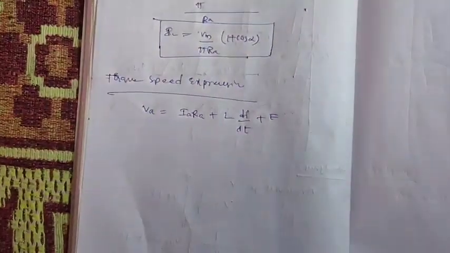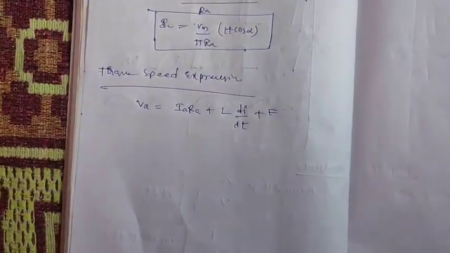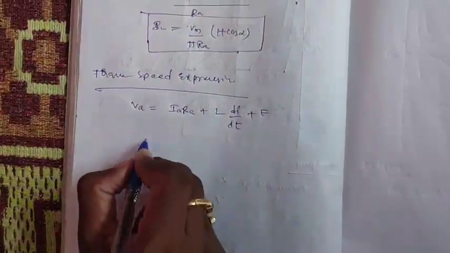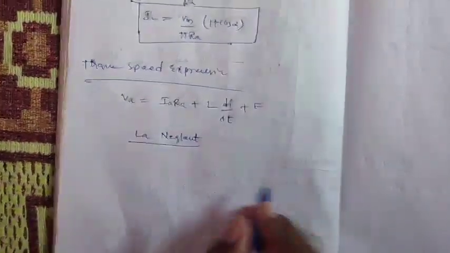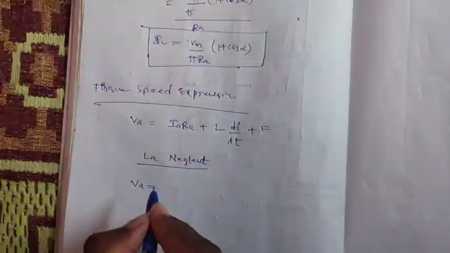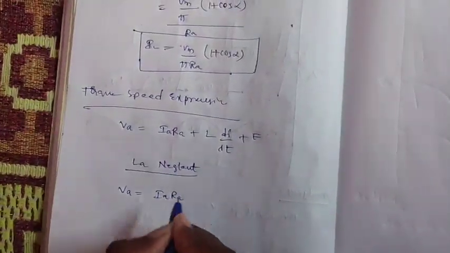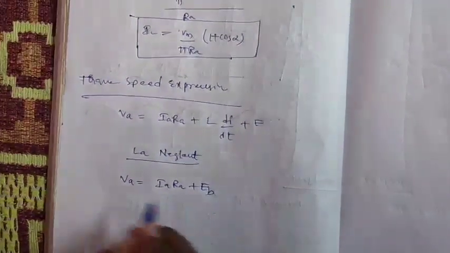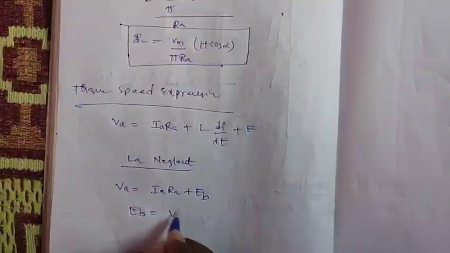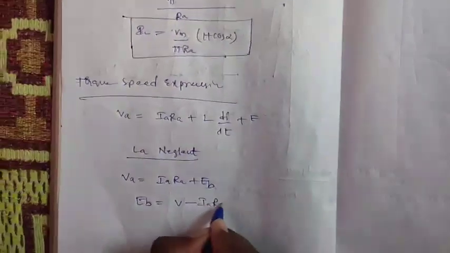We know the back EMF Eb equals Va minus Ia Ra.